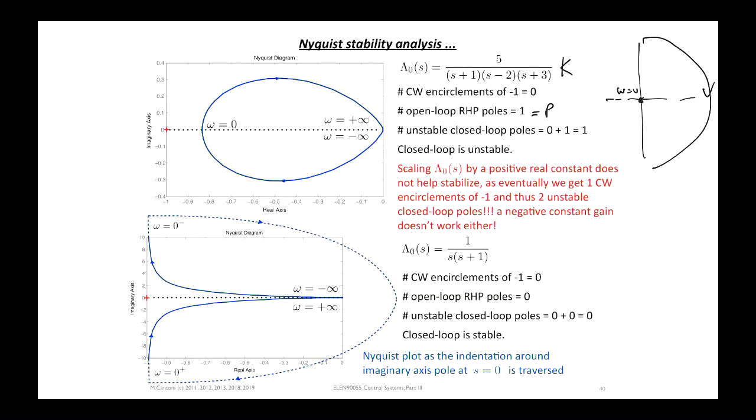There is no gain we can choose here, positive or negative, that makes this encircle the critical point one time in the anti-clockwise direction. So we can never just close the loop around this and get a stable closed loop. We would have to put in some extra things that vary with frequency in order to get the required anti-clockwise encirclement of the critical point.